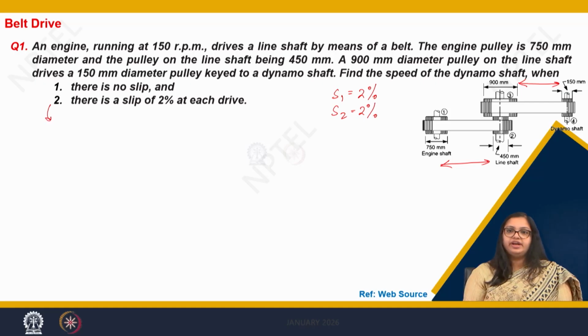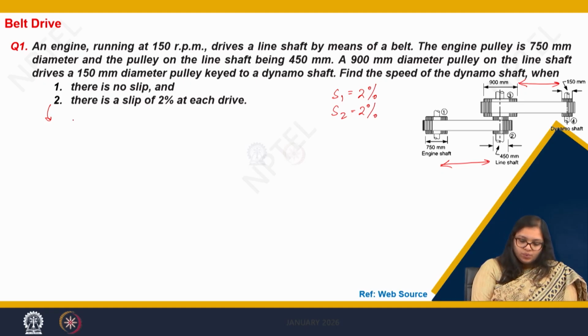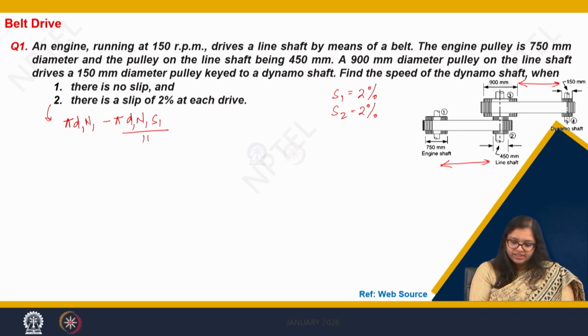How do we find the speed of the dynamo shaft with slippage from the engine shaft to the line shaft and from the line shaft to the dynamo shaft? Our equation comes down here as pi D1 N1 minus pi D1 N1 S1 by 100.